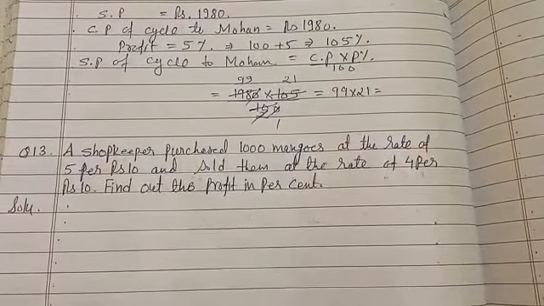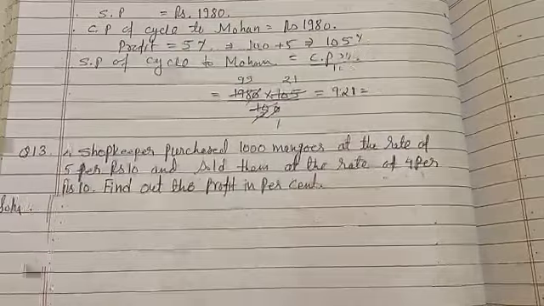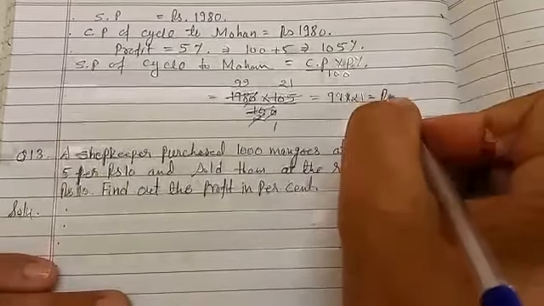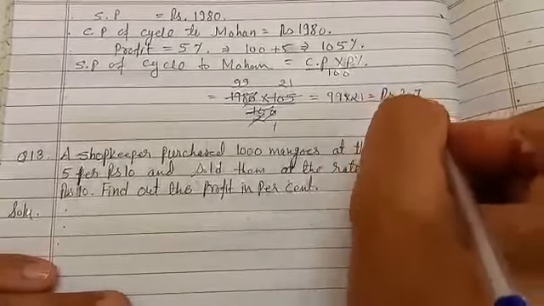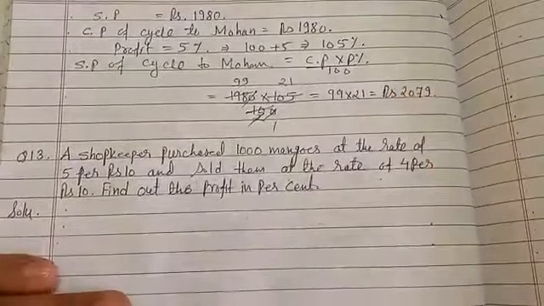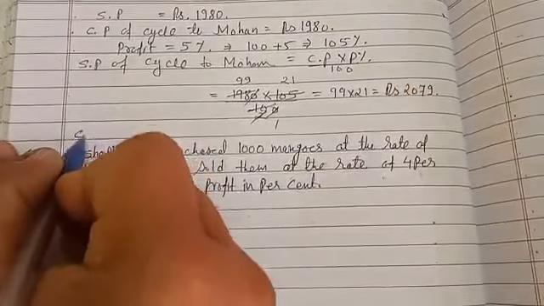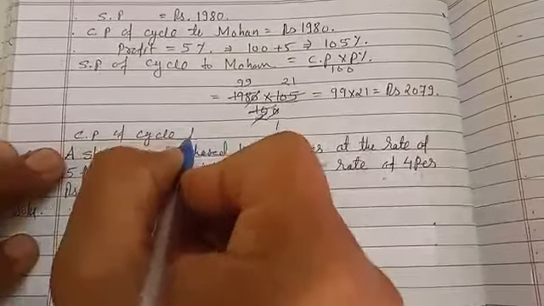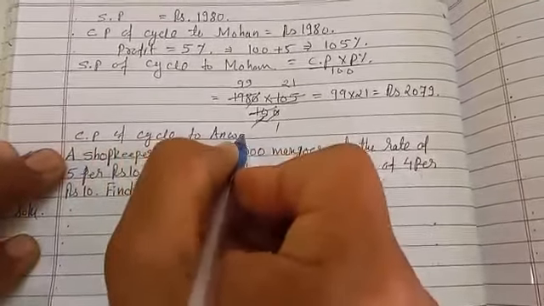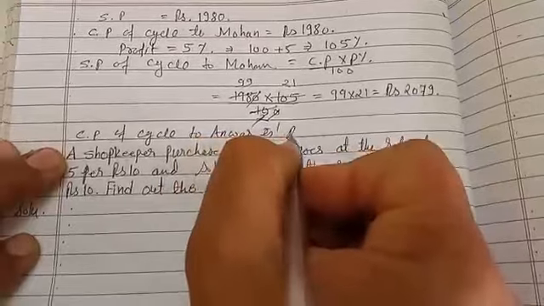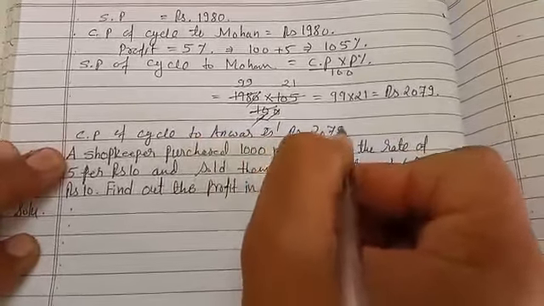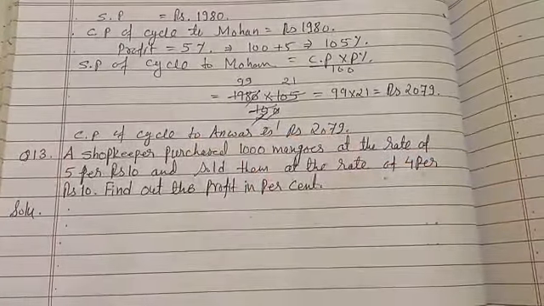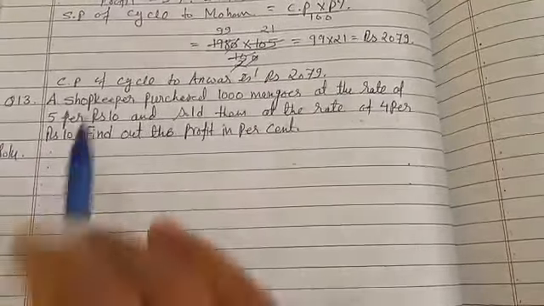Multiply 99 into 21. It will be rupees 2079. So the cost price of the cycle to Anwar is rupees 2079. Is it clear?